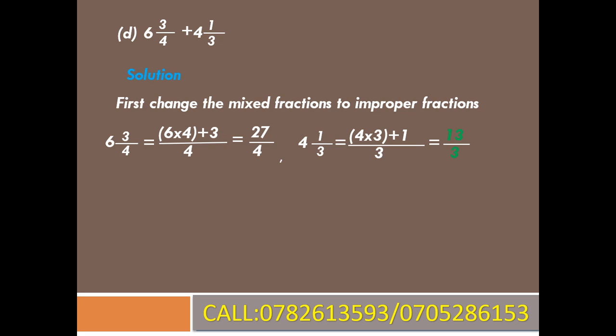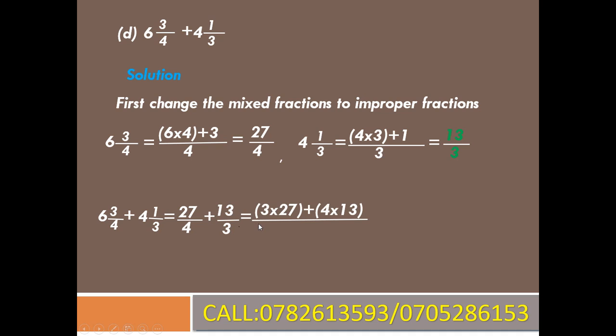So we simply add, like we did in the previous questions. So we have 27 out of 4 and we are adding 13 out of 3. So the LCM of 4 and 3 is actually 12. So 12 divided by 4 is 3, so 3 times the 27.